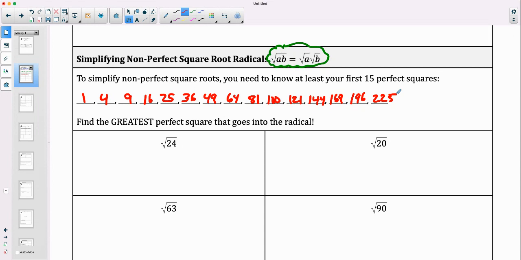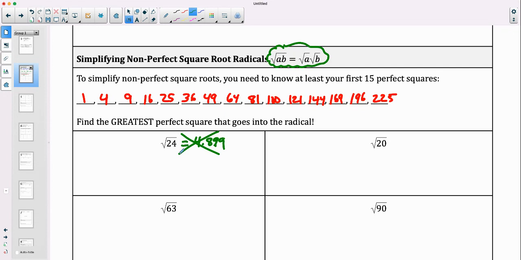Okay, so what we want to do, in order to do this, the square root of 24 is a decimal. If you punch that in, it's 4.899. Okay, we're not doing that this chapter. We don't want decimals. There's not going to be decimals anywhere this chapter at all.